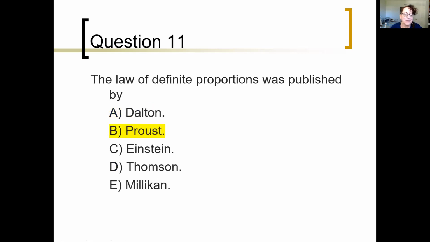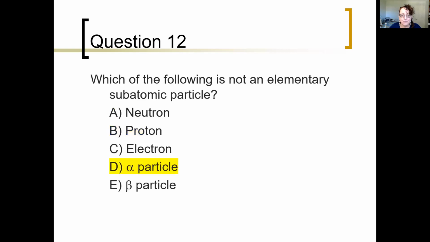Oh yeah, this was just in this chapter, but we don't care about these people. Can you explain this one, Professor? Oh, the alpha particle is 2 protons and 2 neutrons. So it's like a cluster.